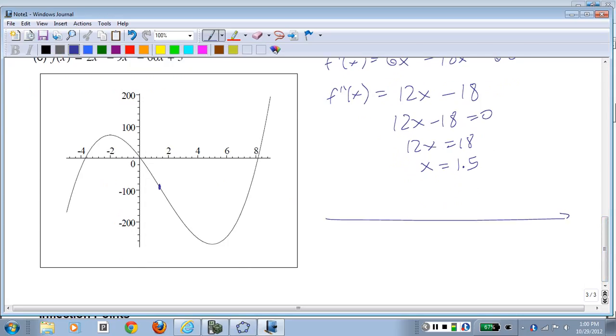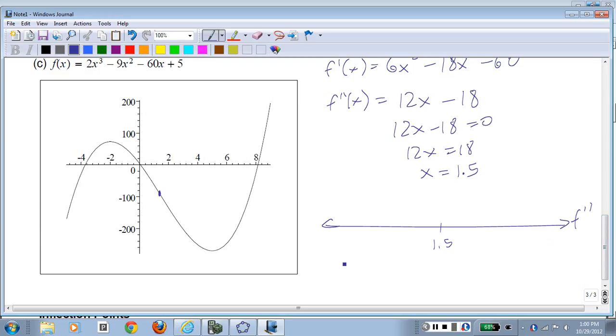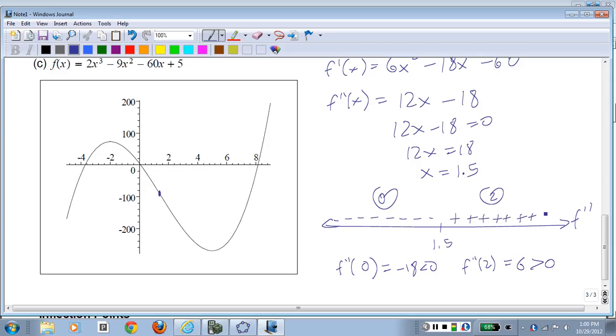So sign graph for f double prime, with 1.5 marked. If we evaluate f double prime at the test number 0, we get -18, and that's negative. If we evaluate f double prime of 2, 12 times 2 is 24, 24 minus 18 equals 6, so it's positive at 2 and throughout that interval.